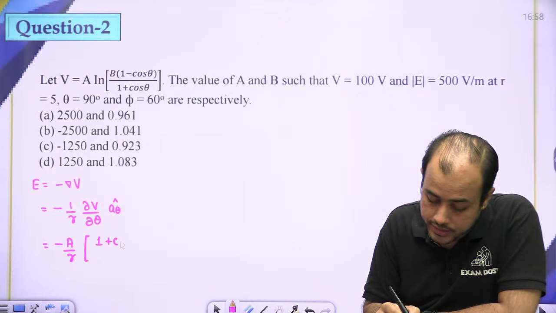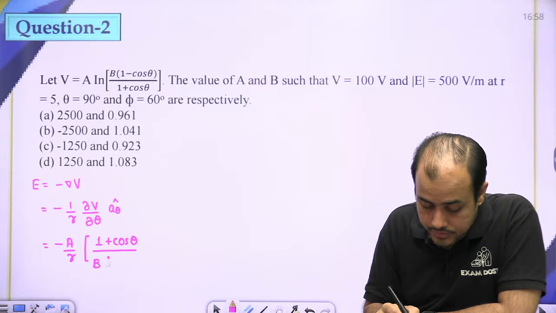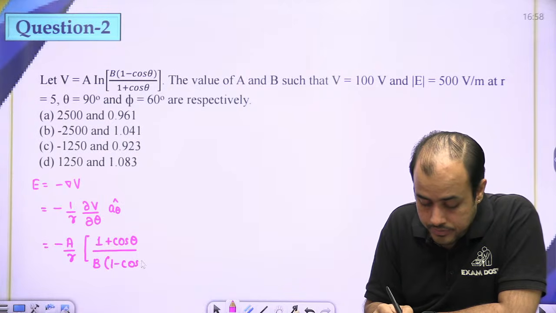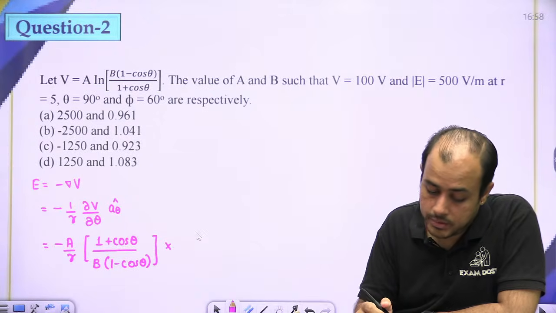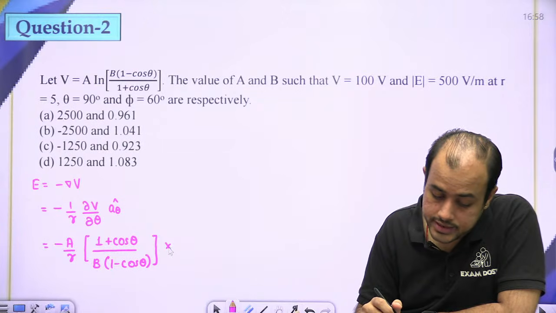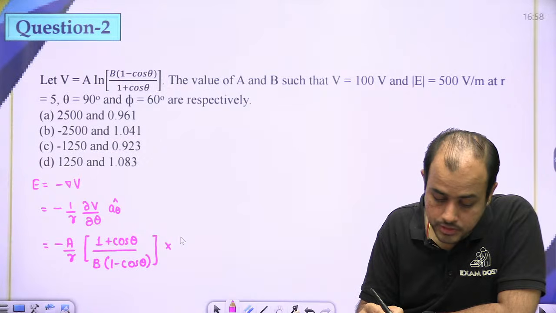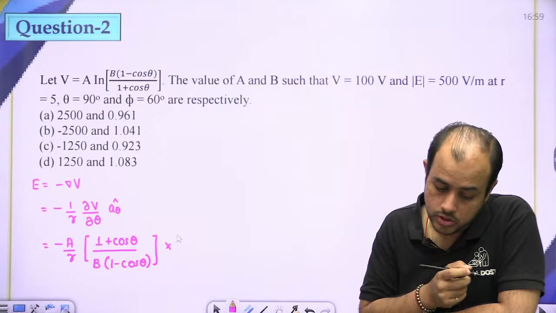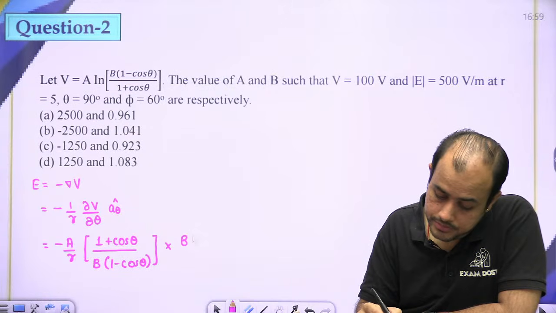The log derivative is 1 upon x. Then we have to differentiate the term inside. Then differentiate the inner term, so the derivative of the inner term is b.